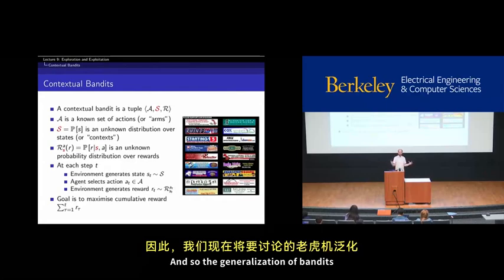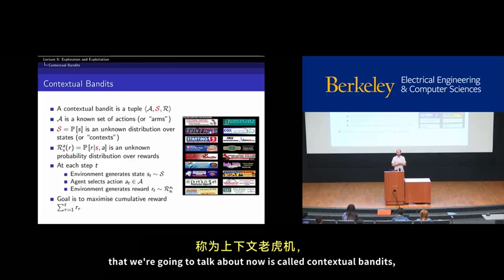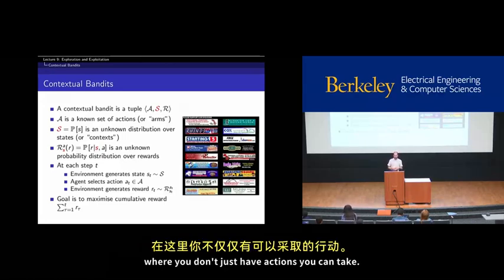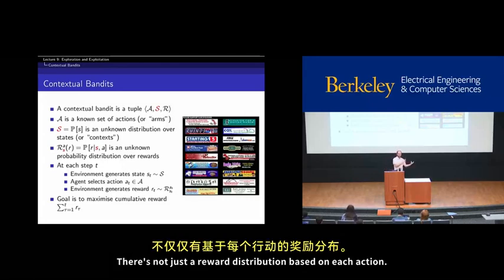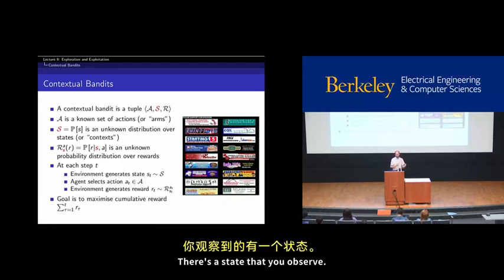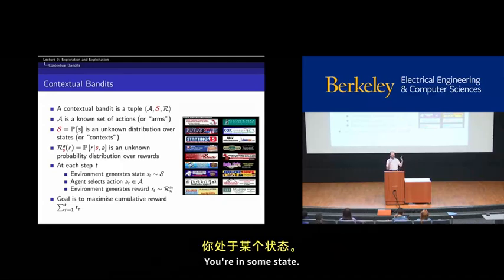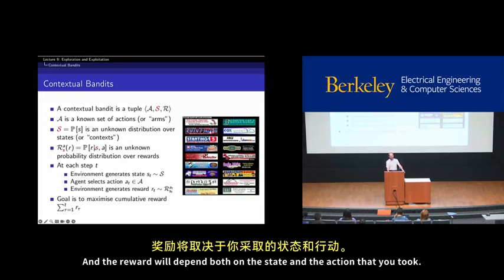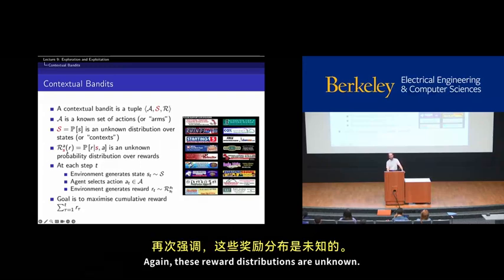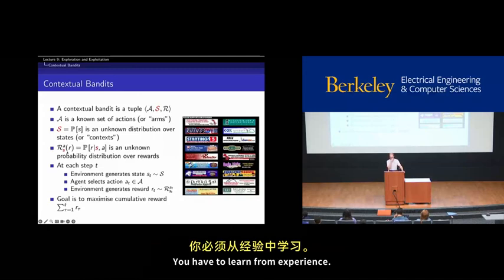And so the generalization of bandits that we're going to talk about now is called contextual bandits, where you don't just have actions you can take. There's not just a reward distribution based on each action. There's a state that you observe. You're in some state, and the reward will depend both on the state and the action that you took. Again, these reward distributions are unknown. You have to learn from experience.